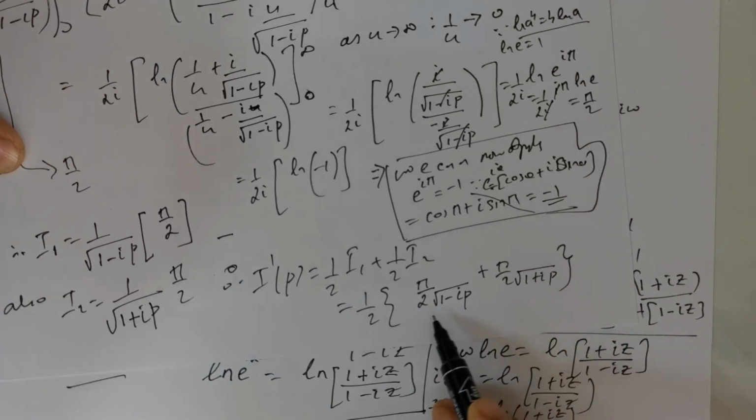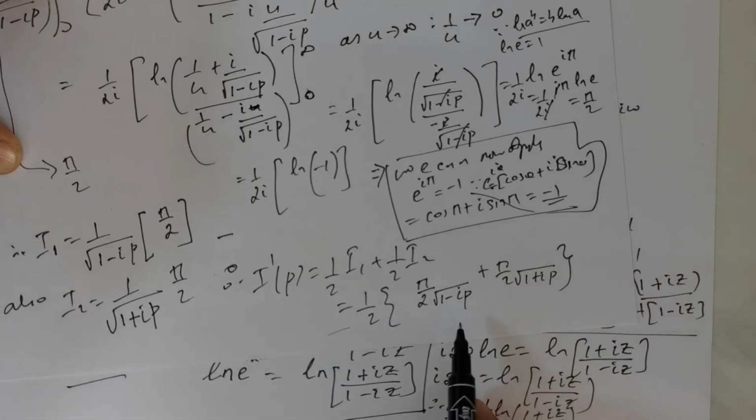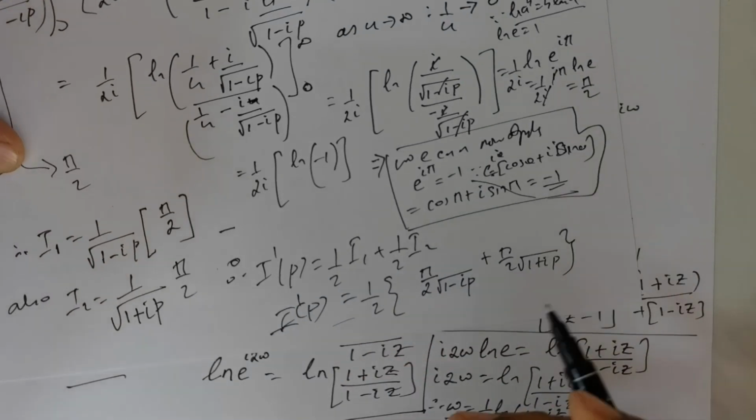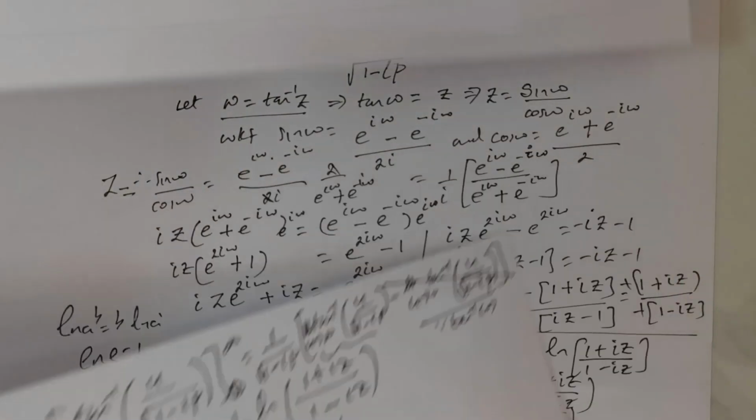Now what I would do is take pi over 2 out and push this 1 over 2 inside. That is done to achieve the solution. Let me go to the next page.